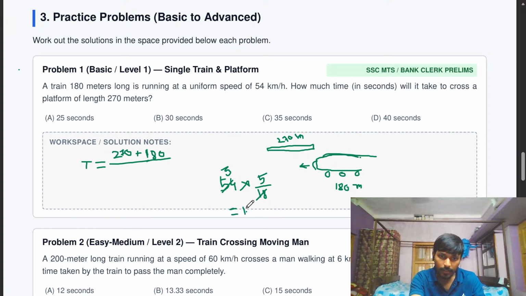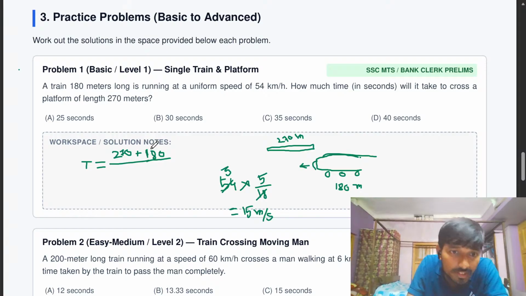Okay, this is 15 meters per second. Now this is the total distance covered by this train, that is 270 meters plus 180 meters.